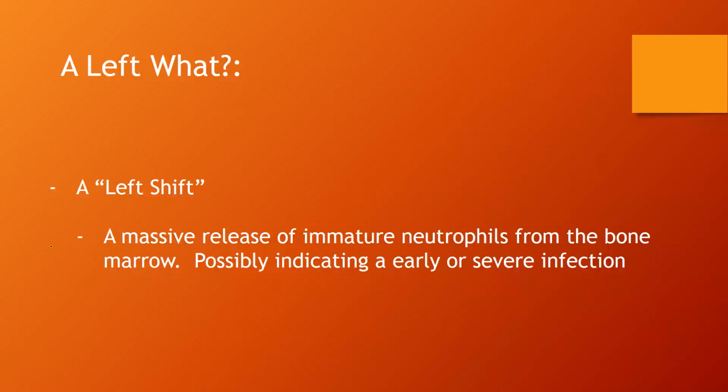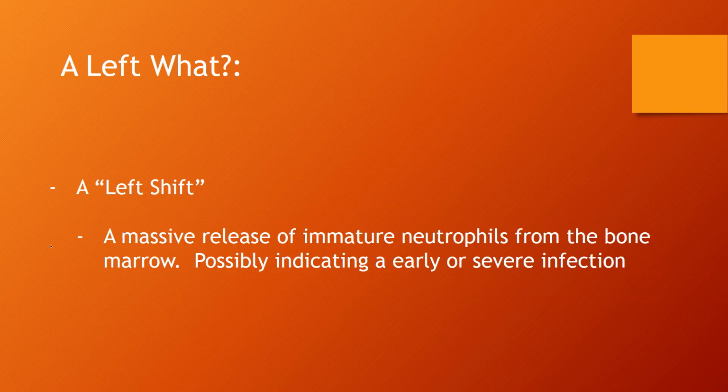You might hear this thrown around. Don't bother memorizing this, but this is something you might hear in the hospital: left shift. When the doctor says there's a left shift, they're looking at the number of mature neutrophils versus the number of immature neutrophils.